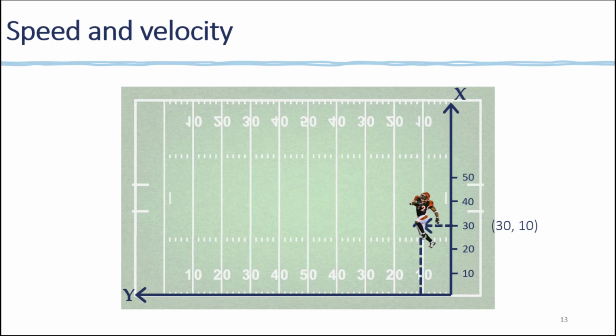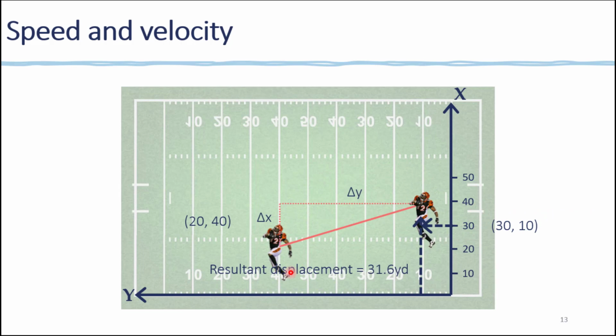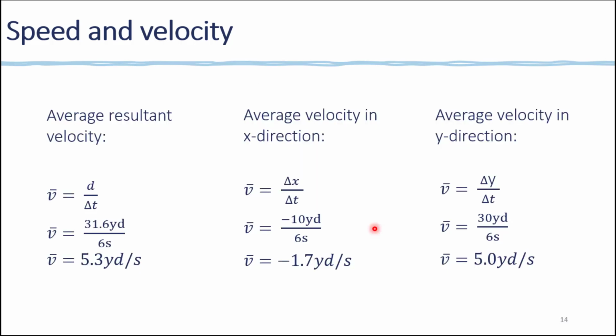The player's displacement from the instant that he received the ball until the instant that he was tackled or stopped the play was minus 10 yards in the x direction and plus 30 yards in the y direction. And his resultant displacement was 31.6 yards down and across the field. So if this kick return lasted 6 seconds, then we can calculate his average velocity.